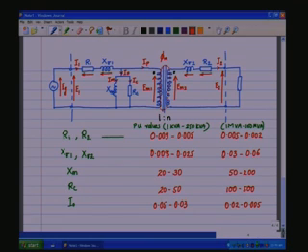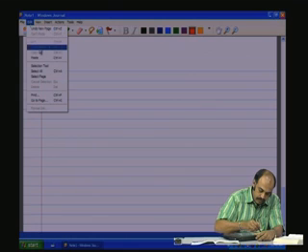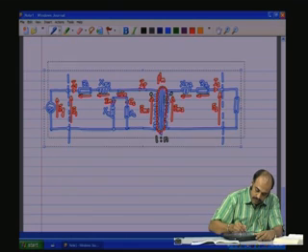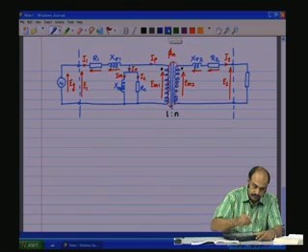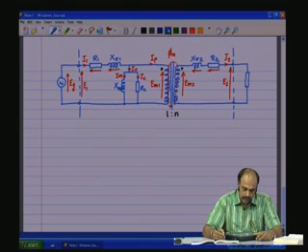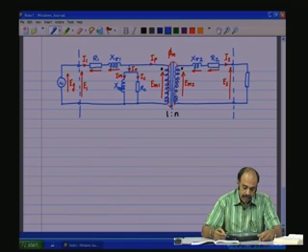For example, let us take a transformer and try to evaluate from the per unit values the order of magnitude of the various parameters, that is the reactances and the resistances in the equivalent circuit of the transformer.